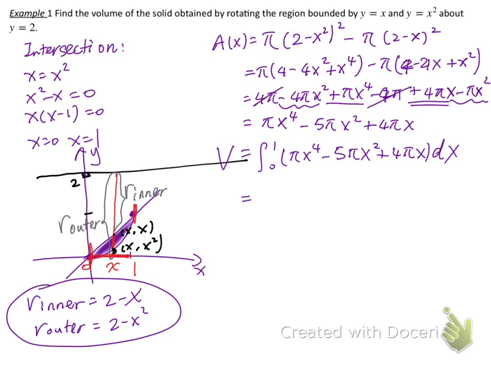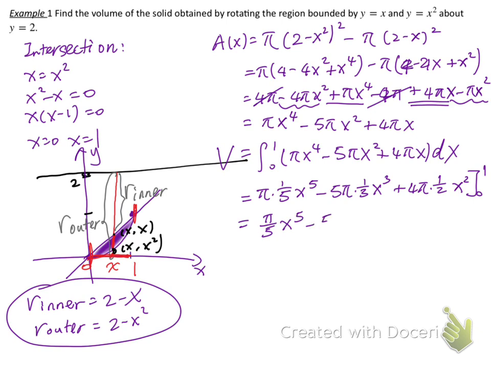Then it's just power rule, and we have pi x to the 5th power over 5, minus 5 pi x to the 3rd power over 3, plus 4 pi x to the 2nd power over 2, from 0 to 1. So this will be pi over 5 x to the 5th, minus 5 pi over 3 x to the 3rd, plus, 2 and 4 get cancelled, 2 pi x squared from 0 to 1.